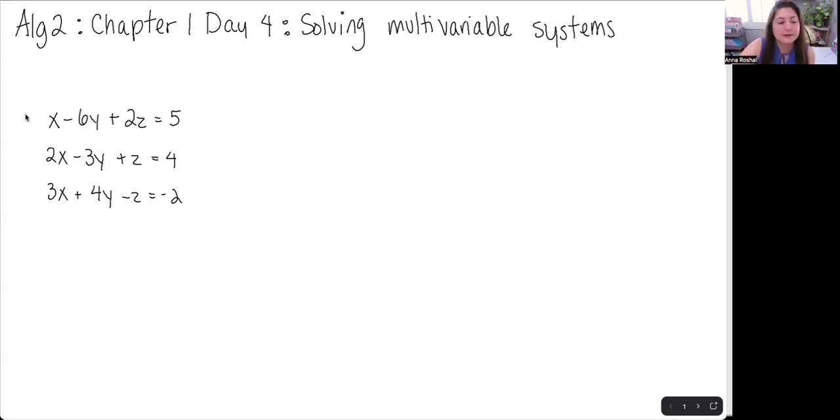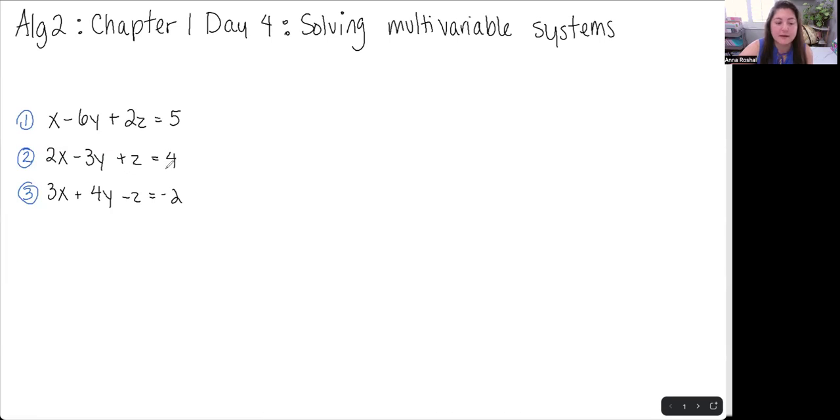So the first thing I like to do is I like to label them. Especially for beginning students who are learning this, when you label them, you kind of know what you've already done without having to think and rethink about it. So for example, I can tell that my z right here is a negative z, and I have over here a positive z.